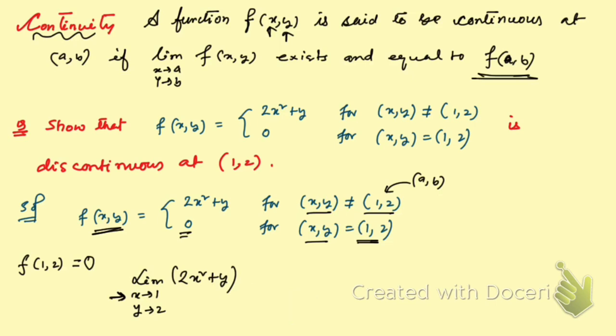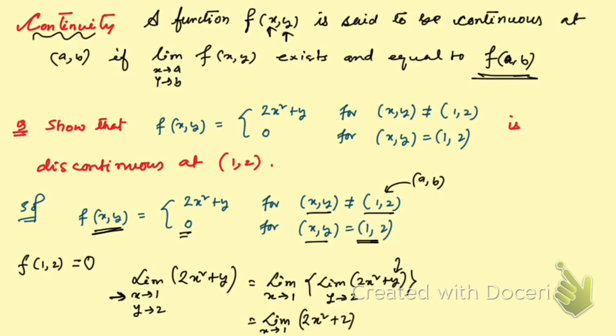Now evaluate the limit, as we have already discussed how to evaluate limits. Limit x tends to 1 of 2x square plus y when y tends to 2. If you put y equal to 2 here, then you get limit x tends to 1 of 2x square plus 2.